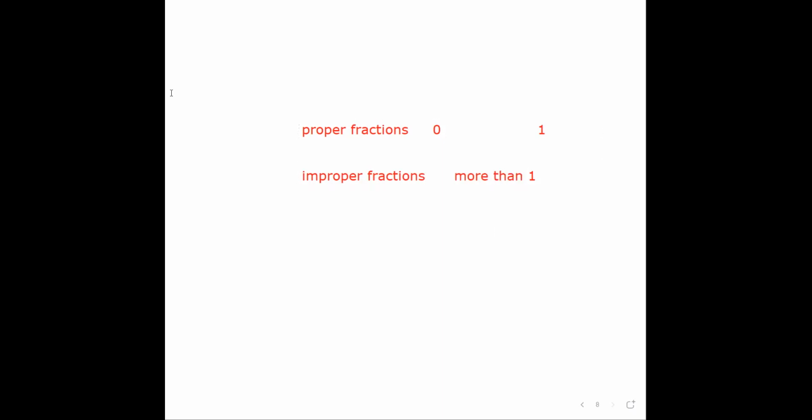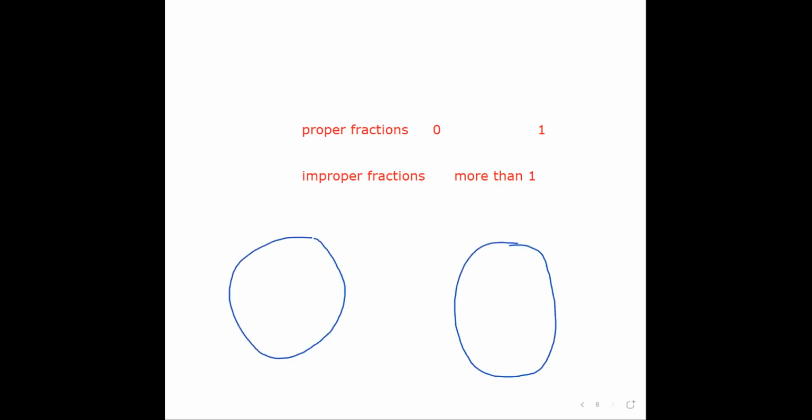Good job. So if you have a proper fraction and an improper fraction, how to compare? Which one will be more? Of course, the improper fraction will be bigger. So never forget this. Never get confused.